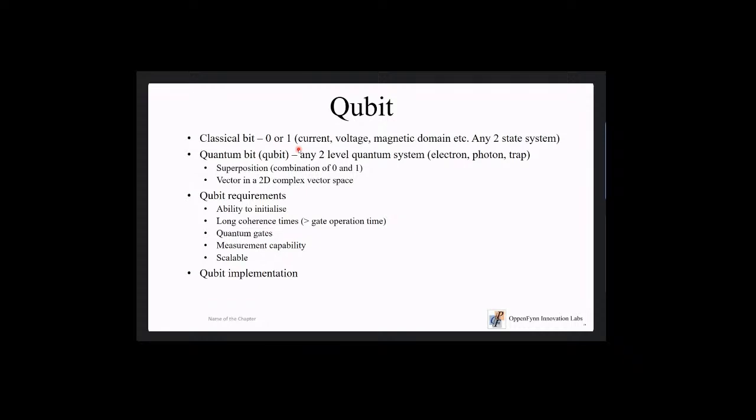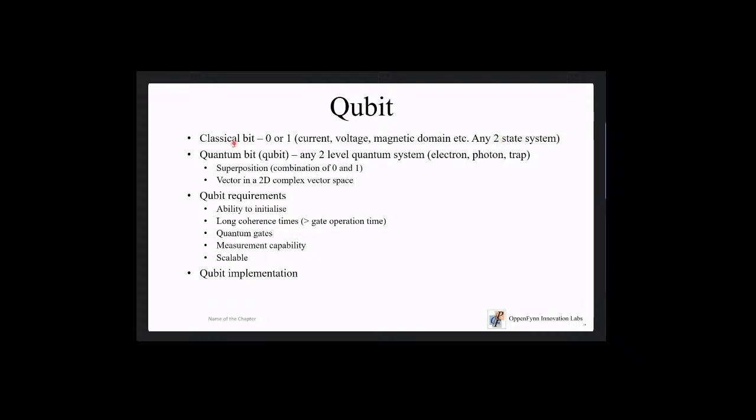You can also use a magnetic domain, which is the way we store zeros and ones on these hard disks. So essentially, any two-state system or even a switch, when a switch is off, you can say it's bit 0. When a switch is on, you can say it's bit 1. So any two-state system can be used as a classical bit.